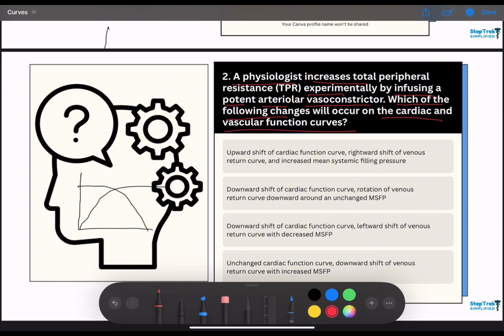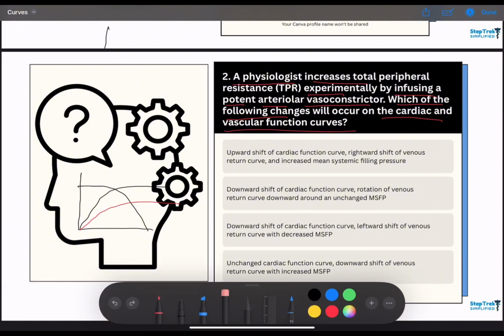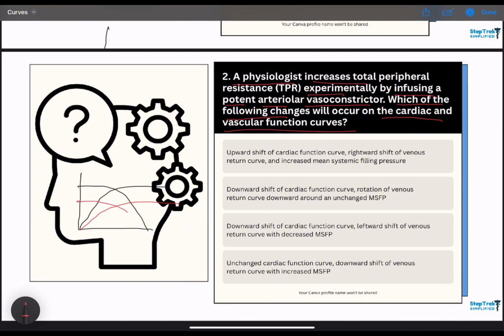But if we increase the TPR, the new curve will be like this. So this is the shift of the cardiac and vascular function curves by increasing TPR.